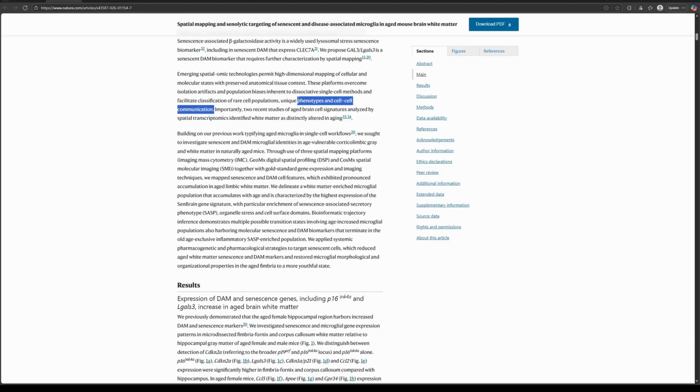broad way of observing the cell, and that it is capable of picking up on many different types of unique interactions and phenotypes and different types of communication that you would otherwise not be able to recognize with a more specific or less holistic observation method of the cells that we're looking at.